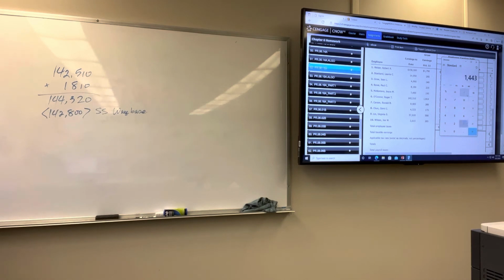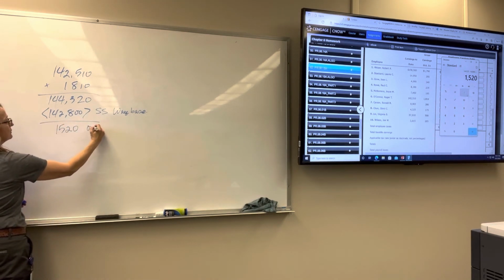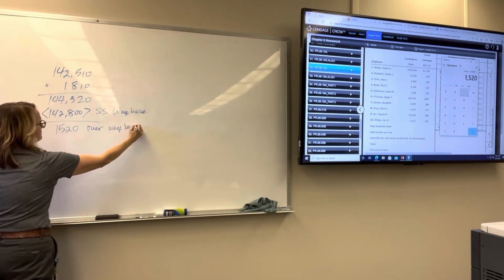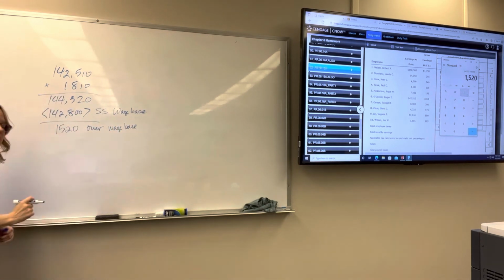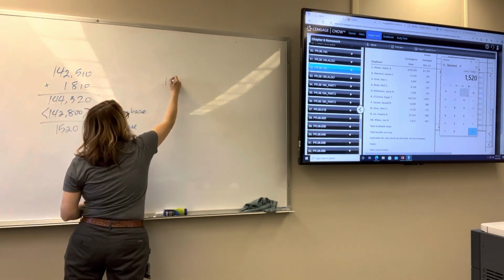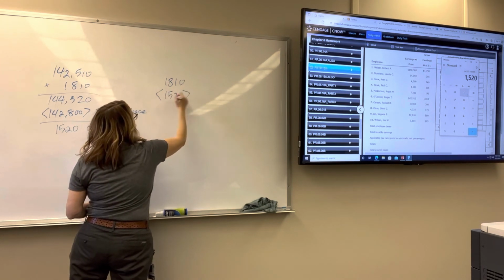So 1,520. He is 1,520 over the wage base with this 1,810. So let's figure out 1,810 minus 1,520.